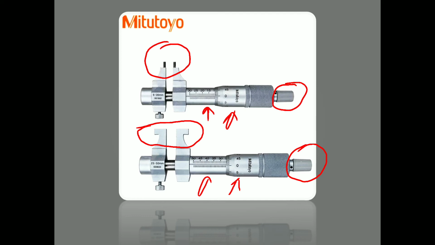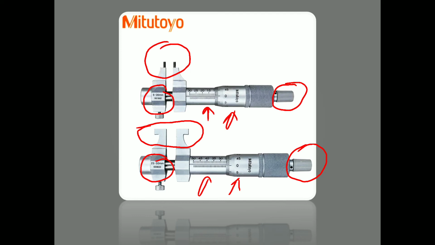It is from 0 to 30, 0 to 50, 0 to 25, etc. So you can see over here it is having 5 mm to 30 mm, it is having 25 mm to 50 mm. That is the range of that particular inside micrometer.